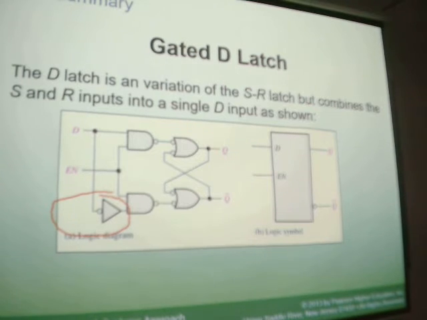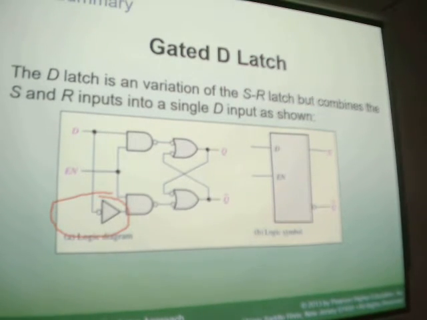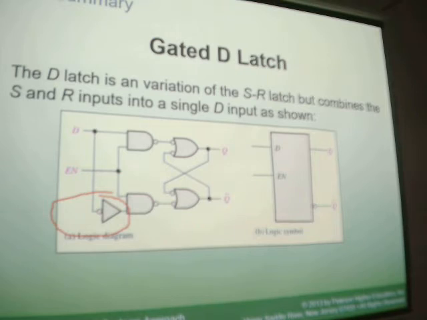So we cannot find this combination or this combination in this diagram, right? Because it is S bar, R bar, right?